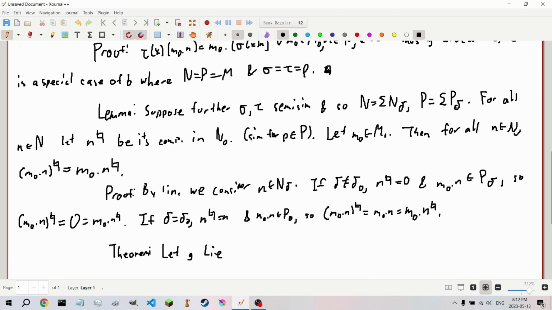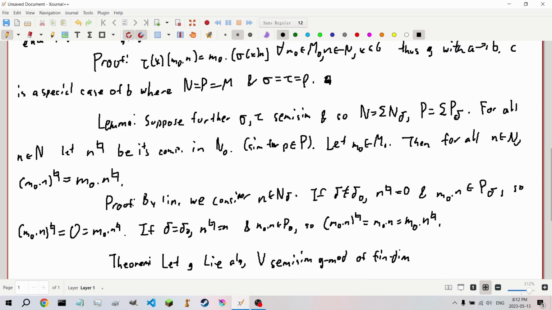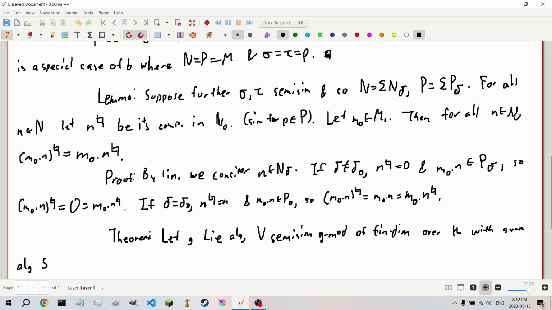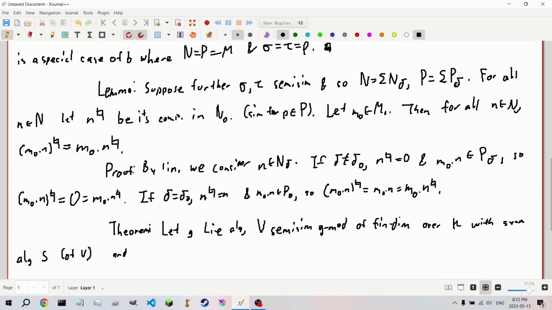Let G be a Lie algebra, V a semi-simple G module of finite dimension over K with symmetric algebra S of V, and let each XS be extending XV such that X to XS is a representation of G on S, of course.